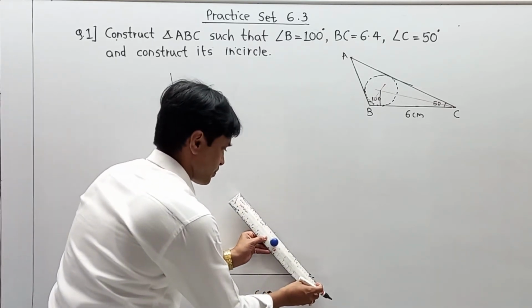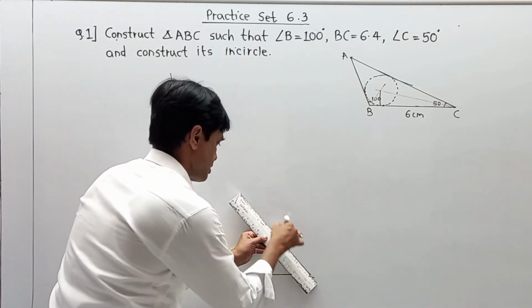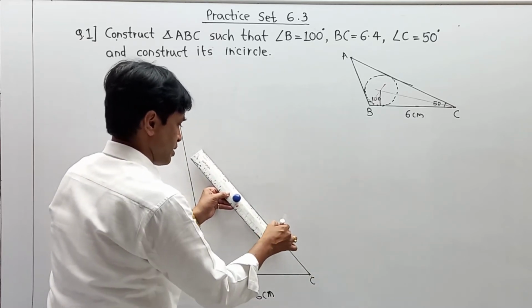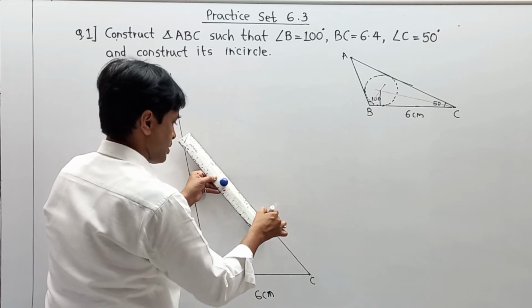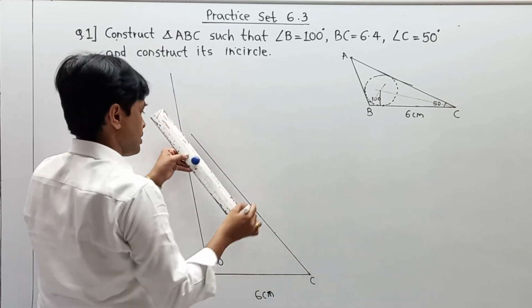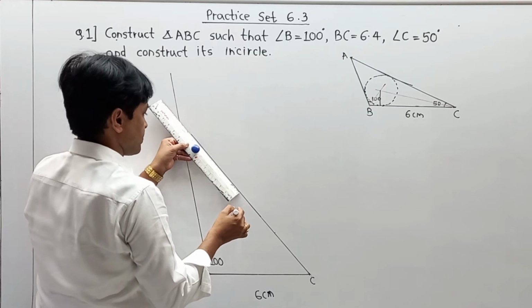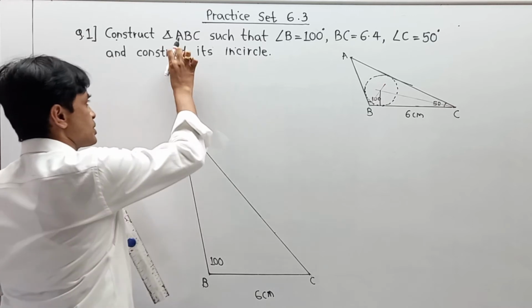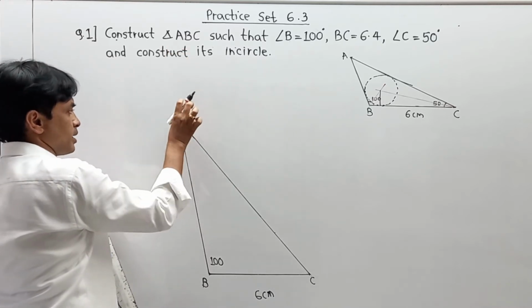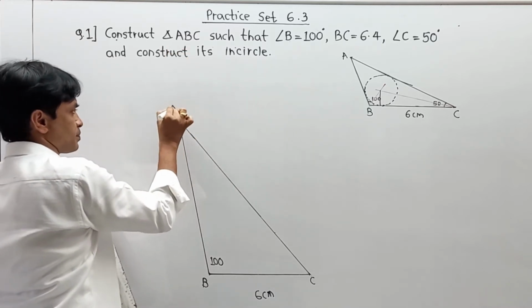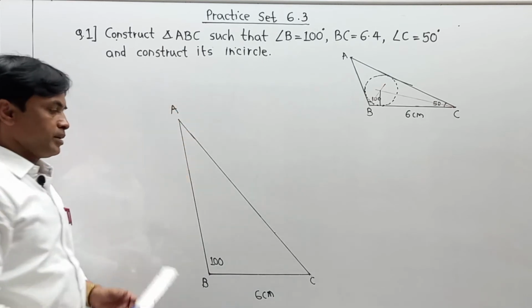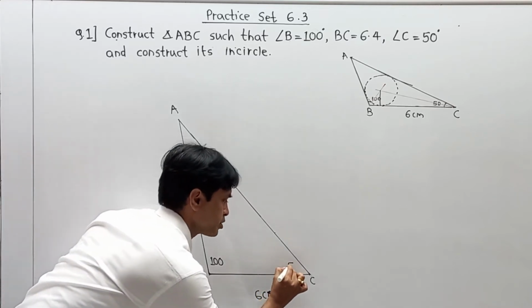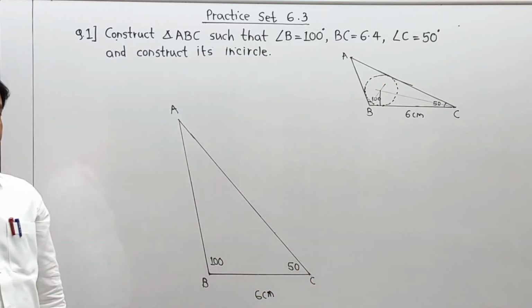So from C, this is your main structure, now ready. So this is nothing but your respective triangle ABC. No doubt, angle C is 50 degree.